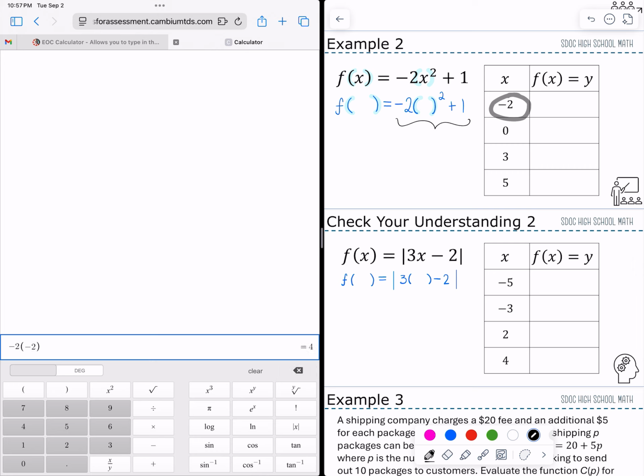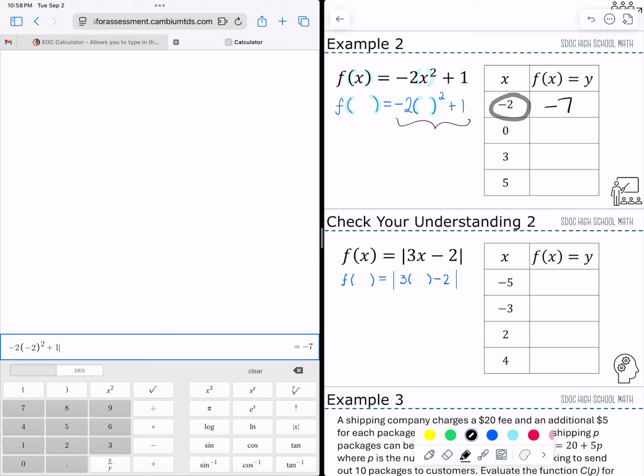Now, to do the x squared, or do that little exponent of 2, we are going to click this button right on top of 9. It says x squared, and it puts up the 2 and the exponent like we need it. Then we've got plus 1. That provides us with -7.